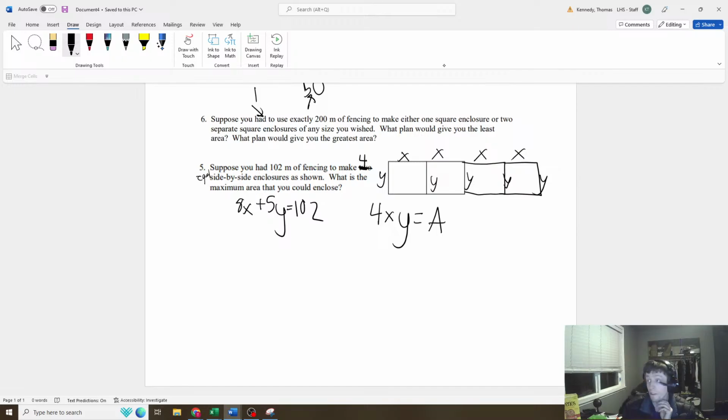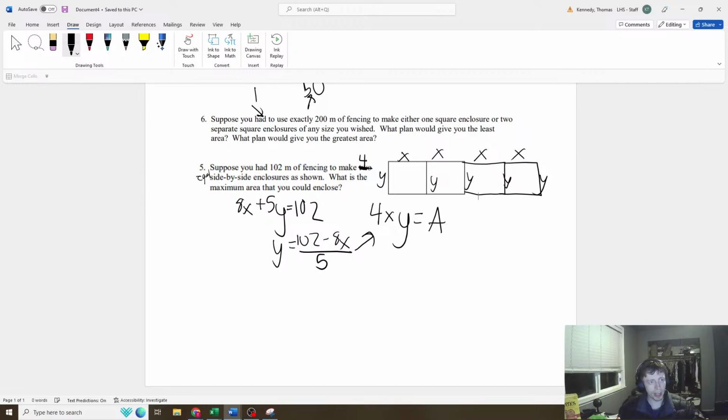So I'm just going to solve for either x or y in this equation. Which one should I solve for? I gotta solve for y. Y sounds good. y equals 102 minus 8x over 5. Seems good.